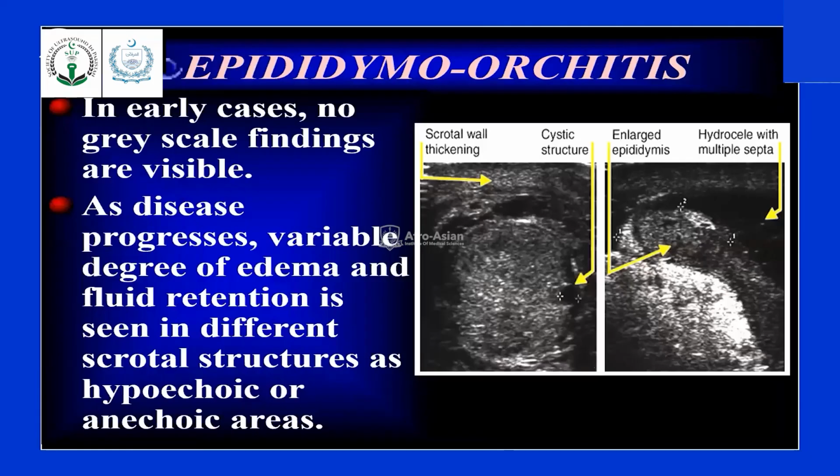Scrotal inflammatory disease includes orchitis, epididymo-orchitis, or just epididymitis. These are the inflammations. Here you can see the epididymis is inflamed.